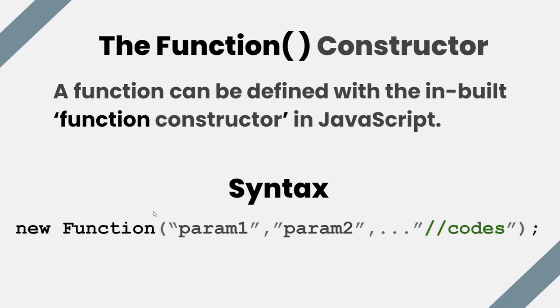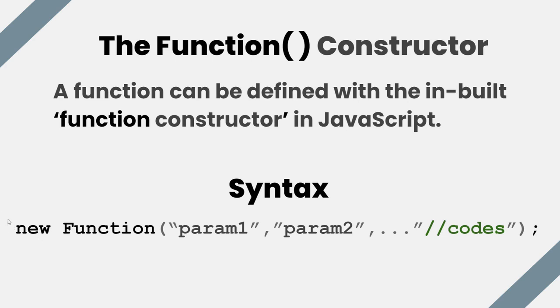You will definitely see a part where we had the object constructor. So here we are dealing with the function constructor. And one thing I can notice with all these constructors is the fact that they always begin with the new keyword. That's this new here.